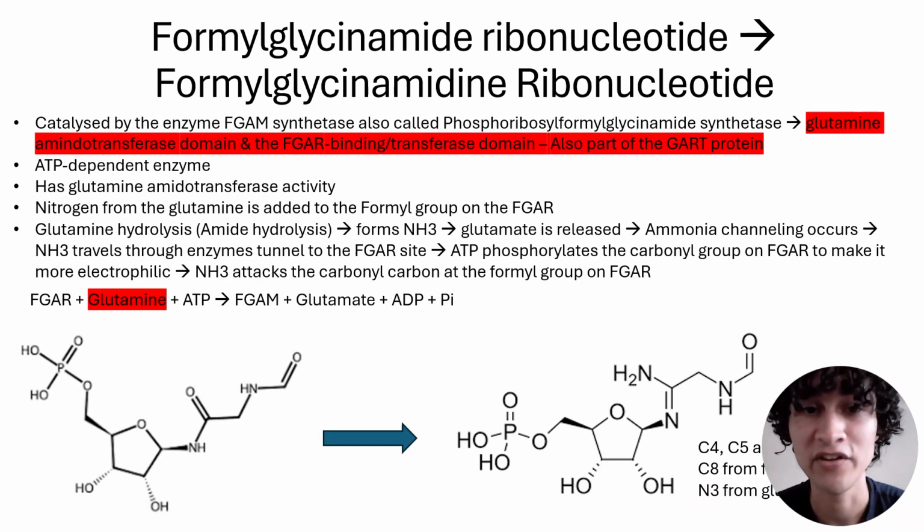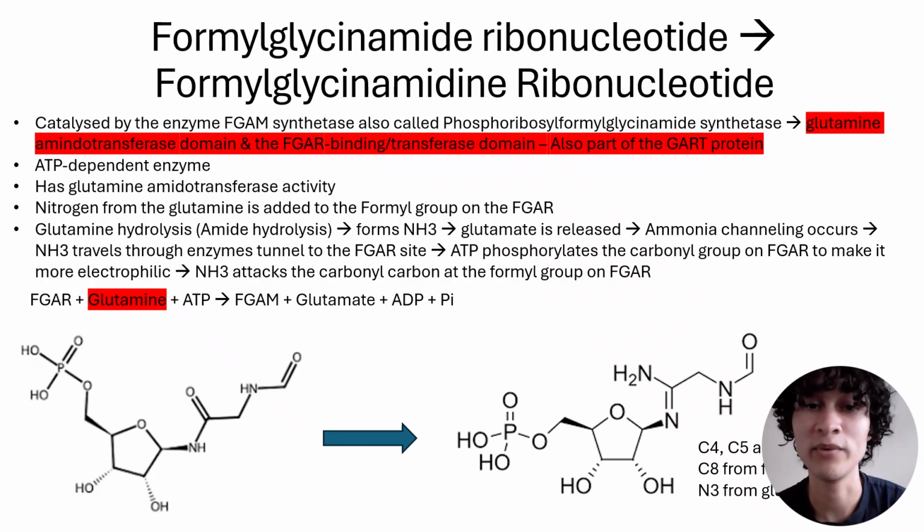So in our previous step, we got our formyl glycinamide ribonucleotide from a formylation reaction of glycinamide ribonucleotide using N10 formyl tetrahydrofolate as our formyl or CHO donor. Now, I mentioned before the GARP protein complex. The next domain we're going to talk about is the FGAM synthetase domain, or the phosphoribosyl formyl glycinamide domain.